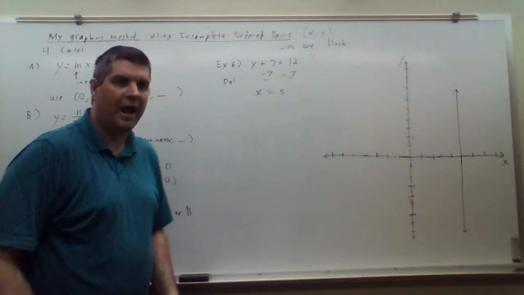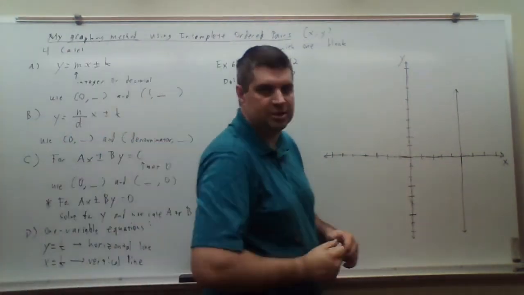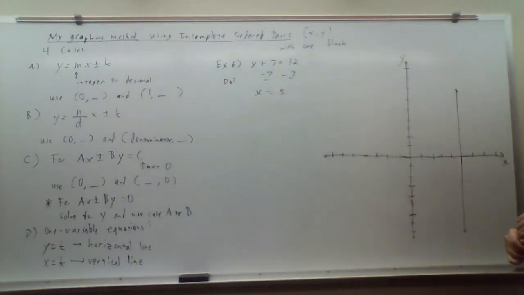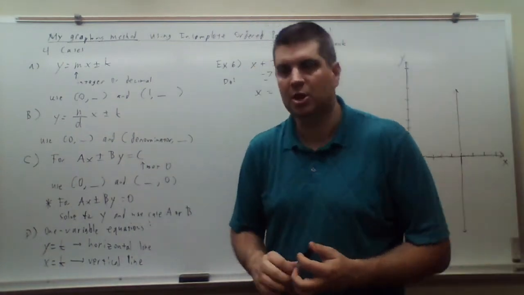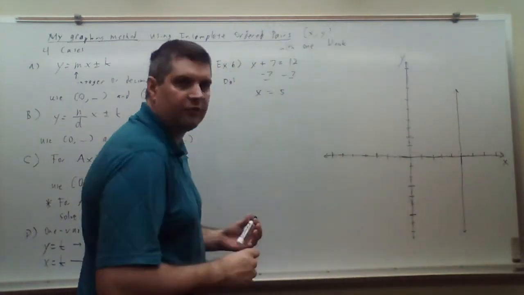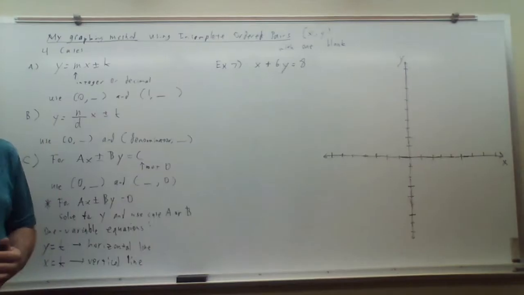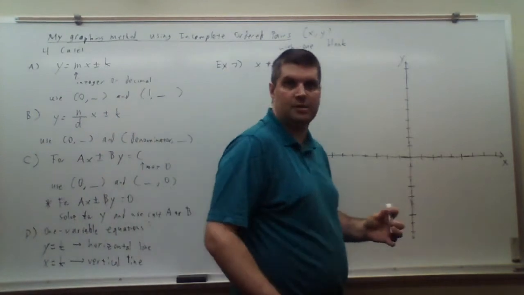So I have shown you all of the things that happen here. It's going to be your responsibility to recognize which case to follow, based on looking at the equation. Now I will be doing mixed examples, starting with, let me get this off the board, a new example. My next example is x plus 6y equals 8.